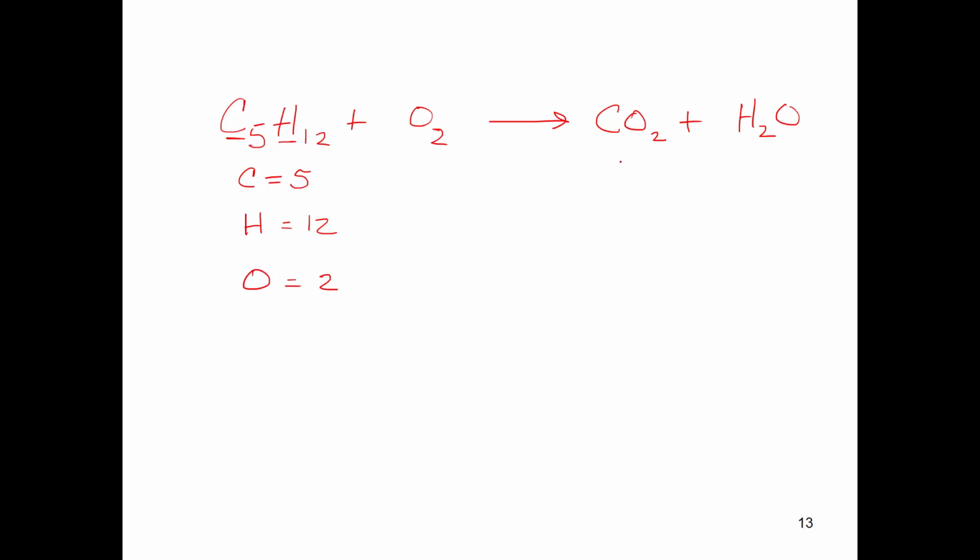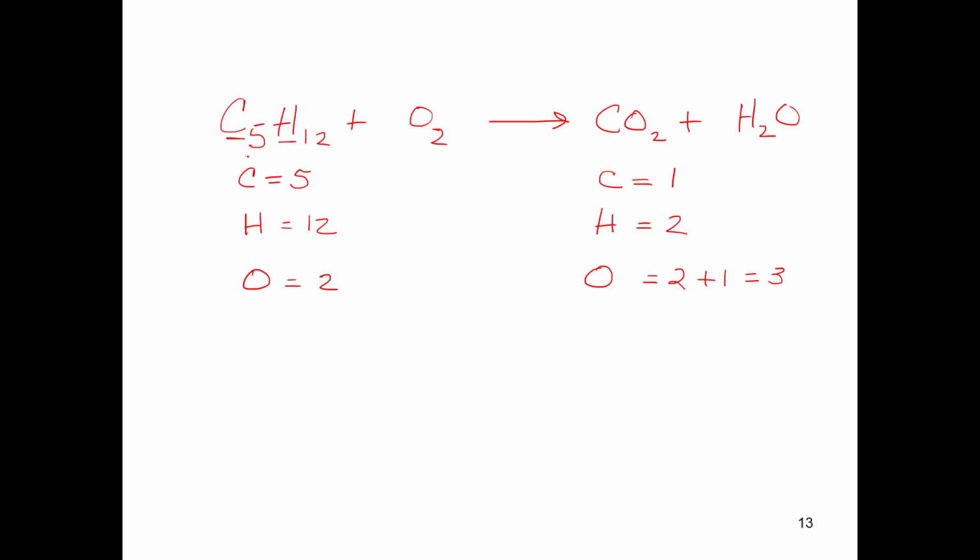On this side, I have 1 carbon, I have 2 H's, and I have 3 oxygens. So I have 2 plus 1 equals 3 oxygens because they're in 2 different molecules. And that's another reason why most of the time you're going to want to do your oxygens last, because sometimes they're a little more complex.